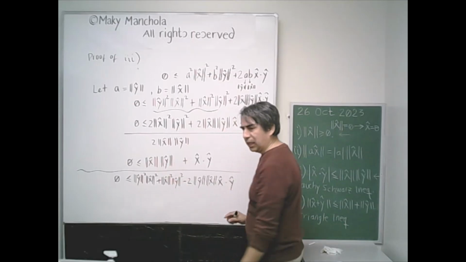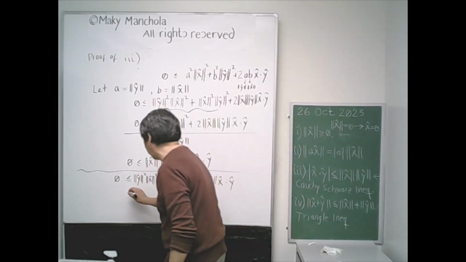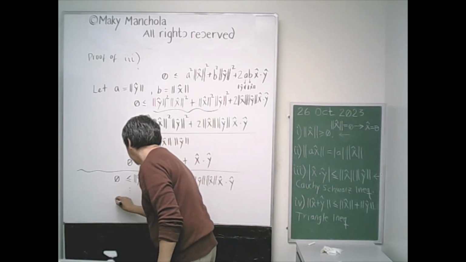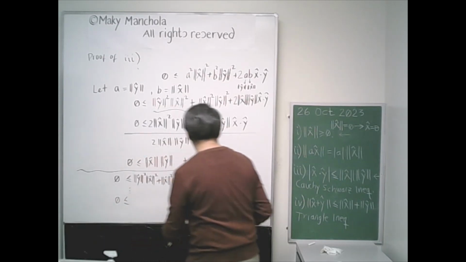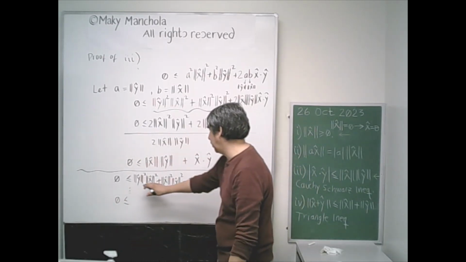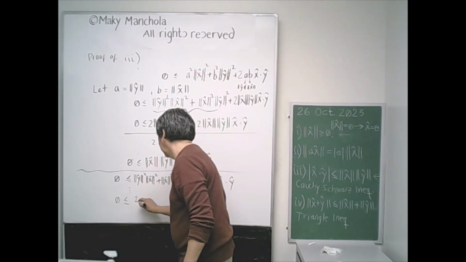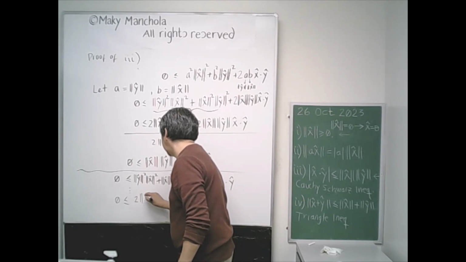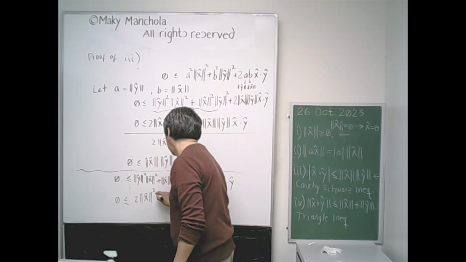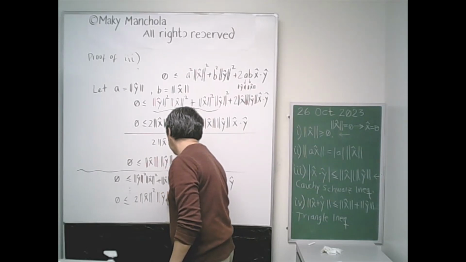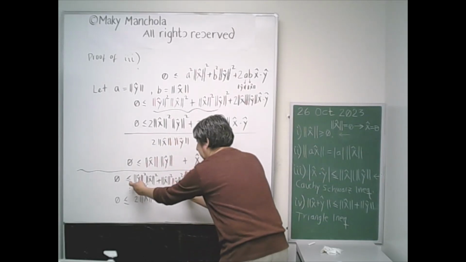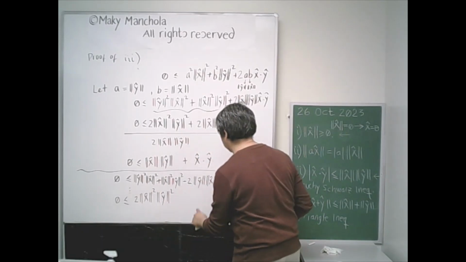The same manipulation as before will give you the following. Same manipulation, except there is a minus here. So this becomes 2 times the norm of x hat squared, the norm of y hat squared. That's the end result of those first 2 terms.